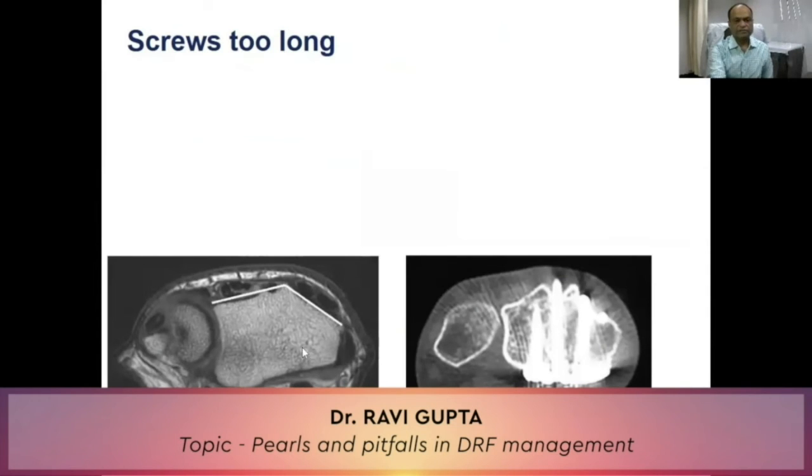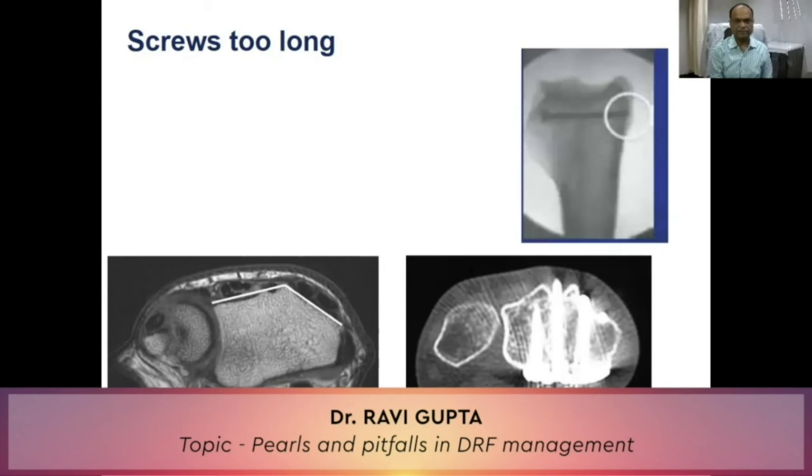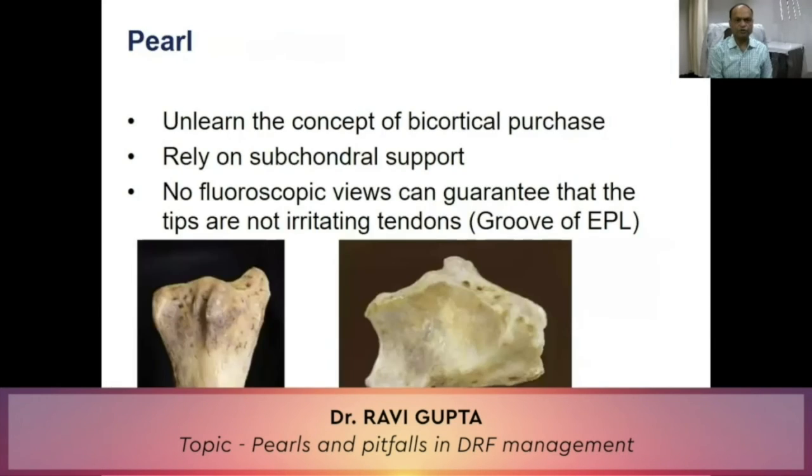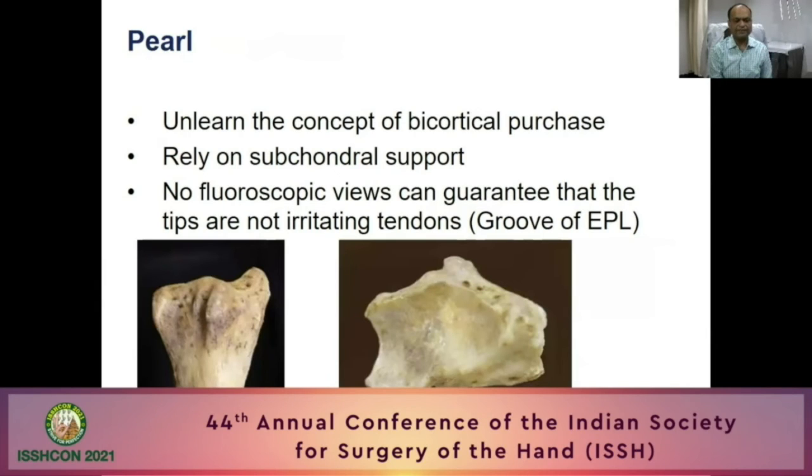So this is the wedge shape, the screw going outside so they can rupture the tendons. So it is difficult to determine in the X-rays. We should always use 1 millimeter smaller screw. So unlearn the concept of bicortical purchase. Rely on the subchondral support, as I mentioned in the earlier slide.